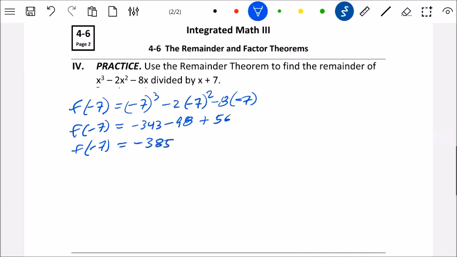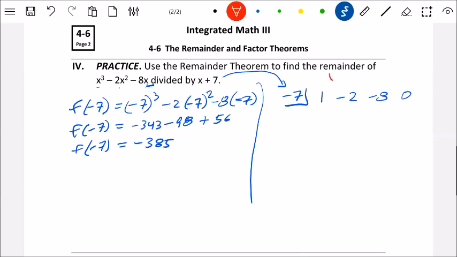Now, separate from that, let's do the synthetic division. So we'll change the sign, make it -7, and then I'll put 1, -2, and -8. Now there should be a 0 at the end also, because notice that there's no term after that.